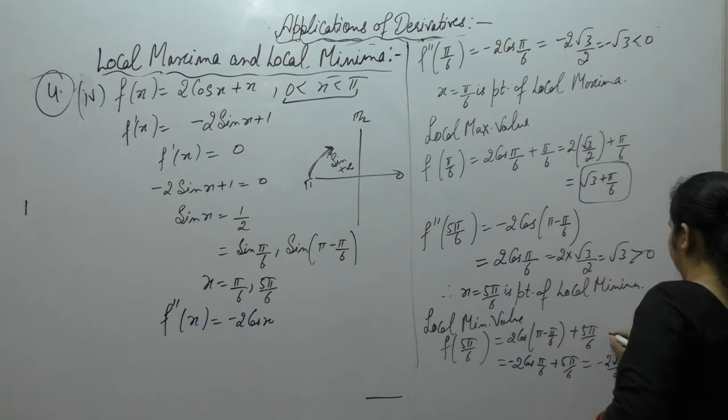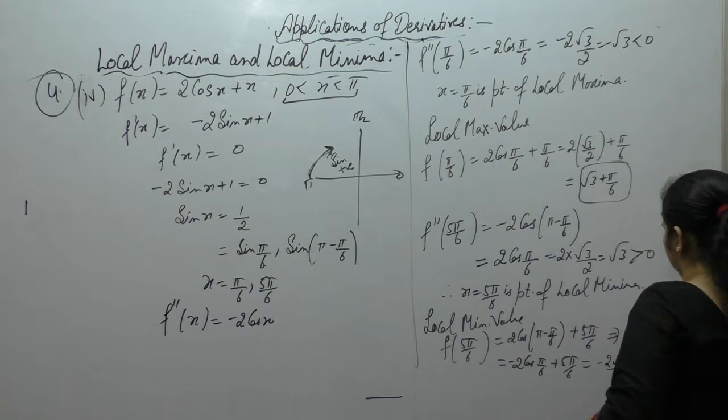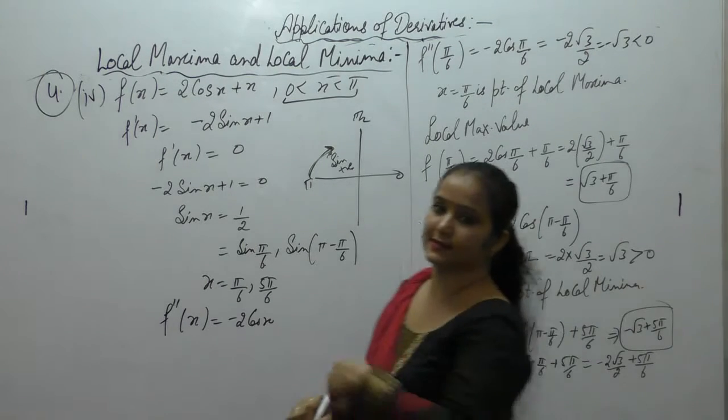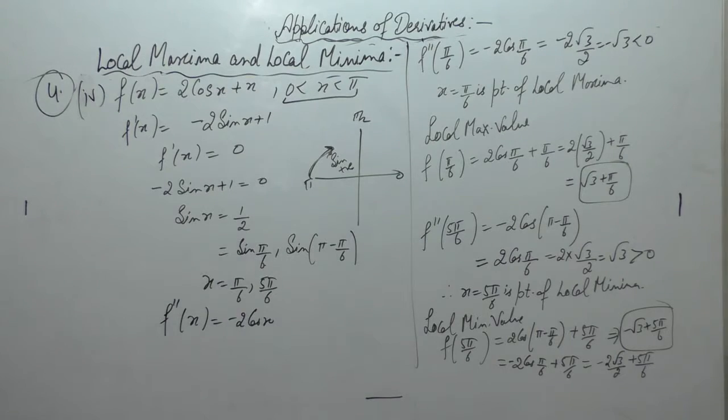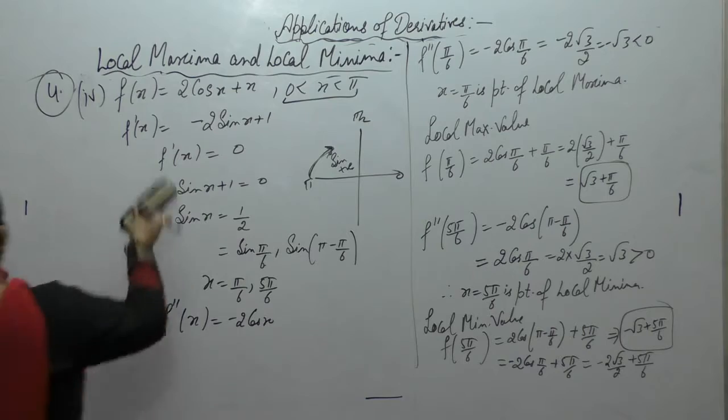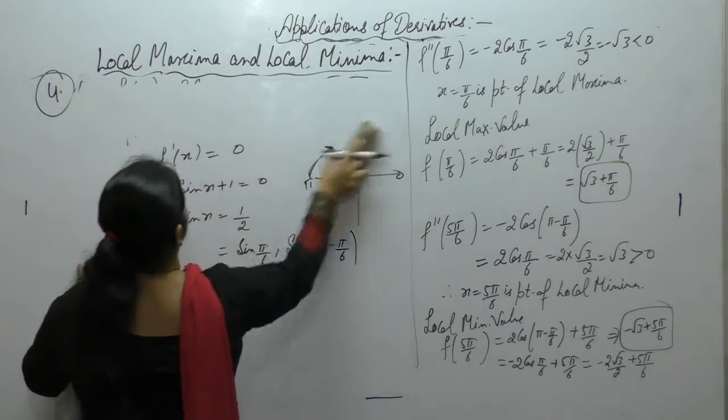So we get the value as minus root 3 plus 5 pi by 6. Note it down. Now the next part.